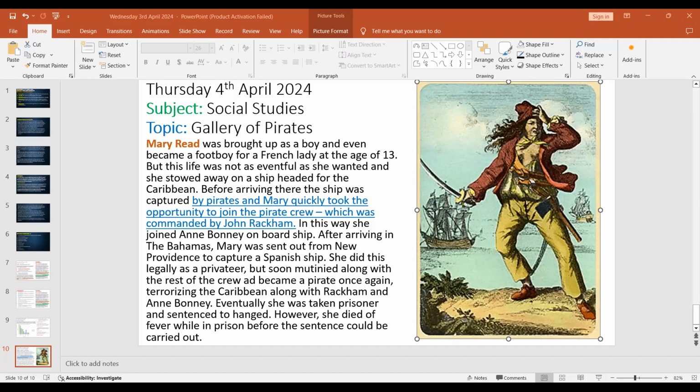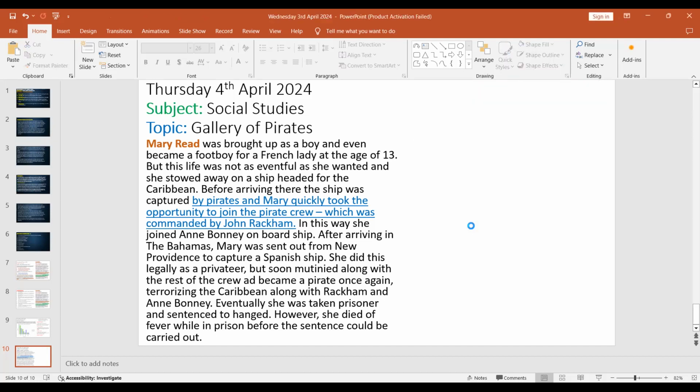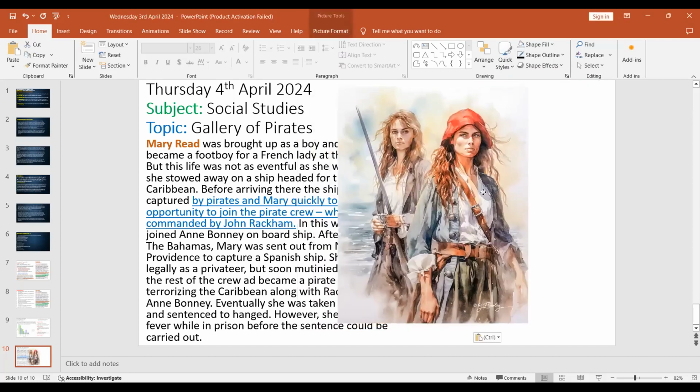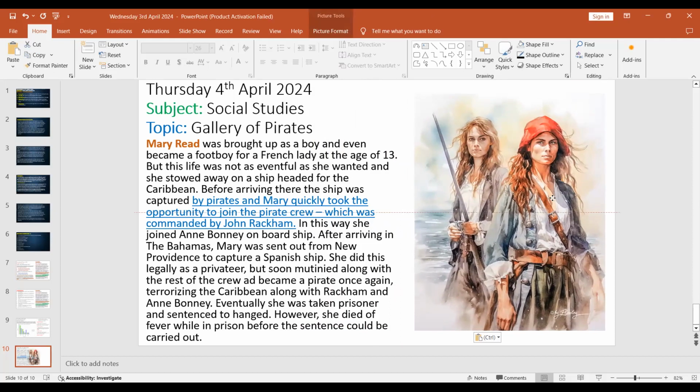I like this photo. This photo is a picture showing both of them, Mary Read and Anne Bonny together.